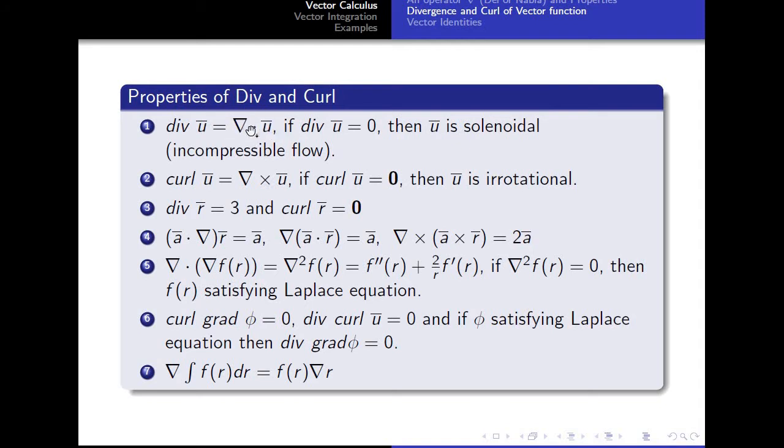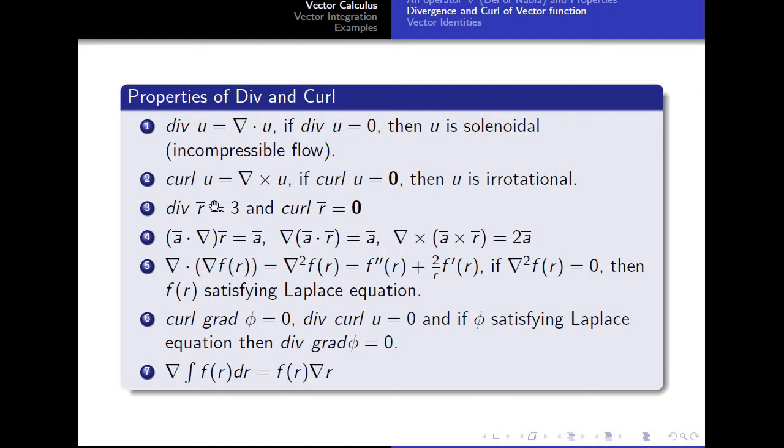If divergence is 0, which is important, then u bar is solenoidal. Solenoidal means incompressible: no compression in the flow, as with a viscous fluid flowing through a pipe.